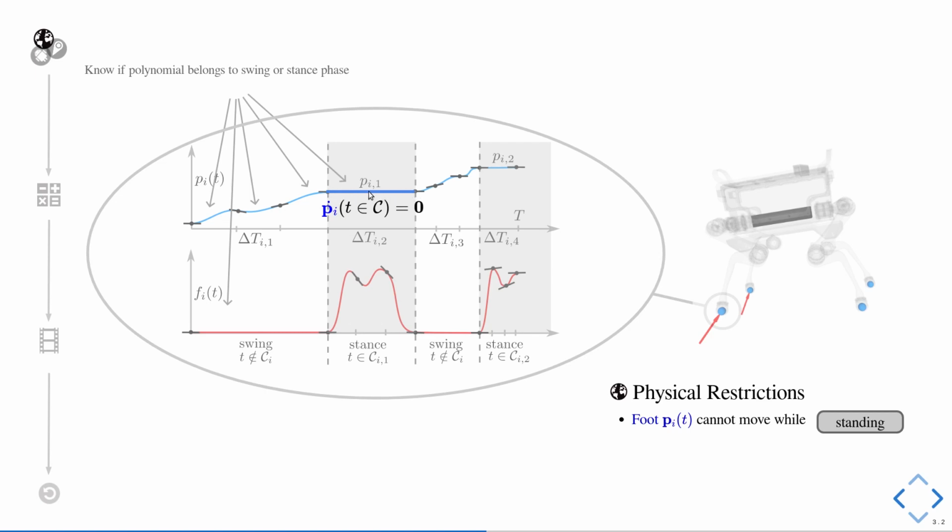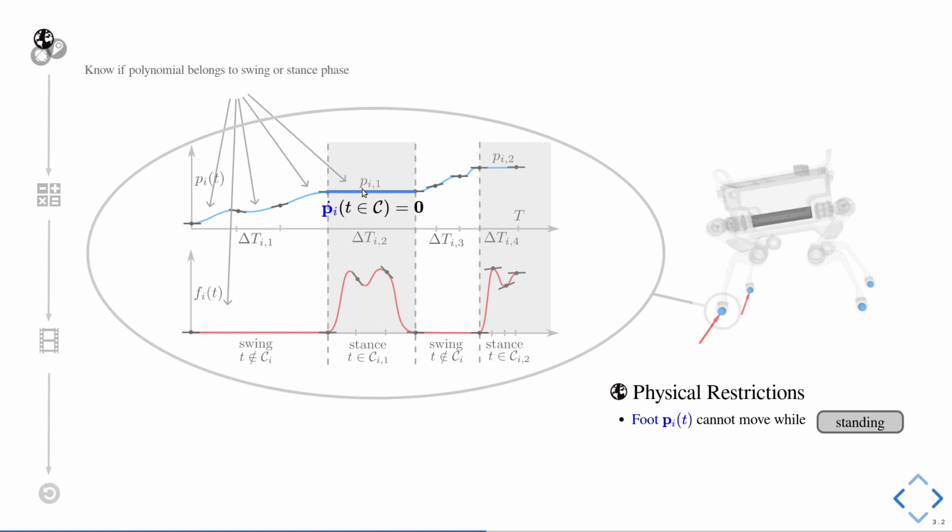And we know that this polynomial then has to have 0 velocity. So what we can do is simply fix those polynomial coefficients that would cause a non-zero velocity before passing it to the optimization, and allow the solver, in essence, to only change, for instance here, the height of this linear polynomial, move it up and down.